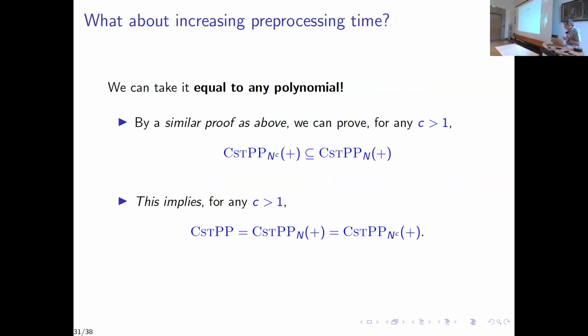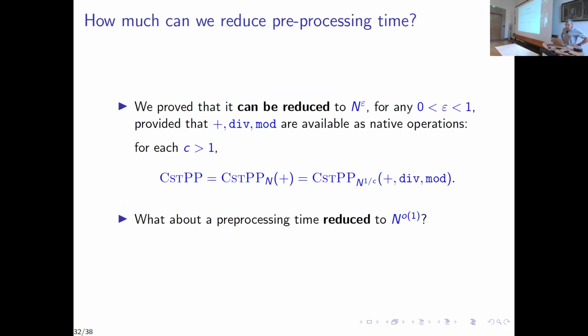This implies this robustness result, which is satisfying. How much can you reduce? You have reduced to n^epsilon the time, provided you have more operations, addition, division and mod.